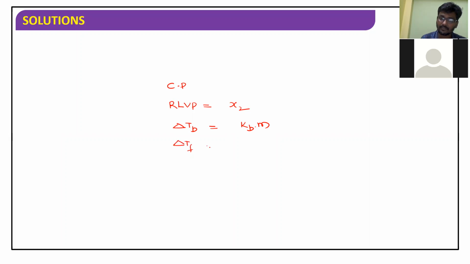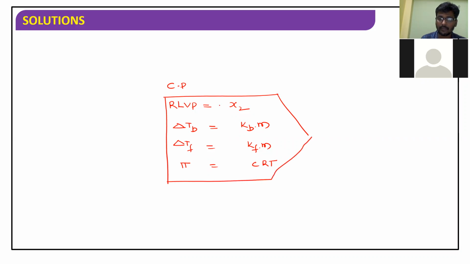Delta Tf is equal to Kf into molality. Pi is equal to CRT. But these equations are only applicable for ideal solutions, so that's why I'm introducing i. What is i? i is equal to 1 minus alpha plus n alpha for dissociation, and i is equal to 1 minus alpha plus alpha by n for association.